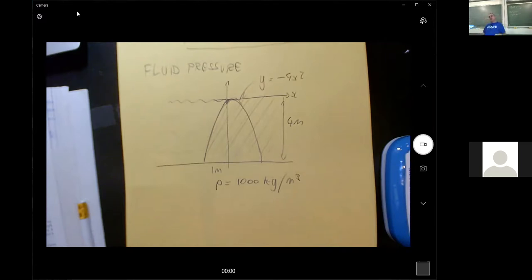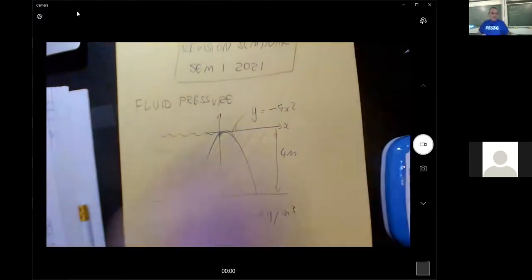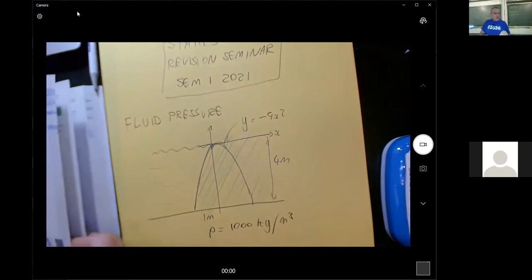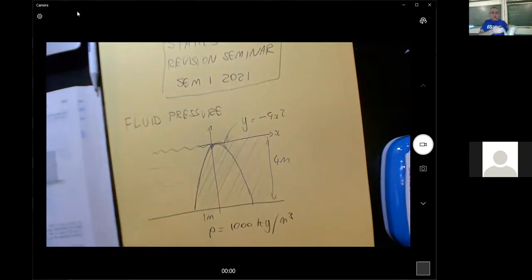So let me see if I've got some things right here. There's a formula for how to figure out the pressure of the water on anything that is in the water.